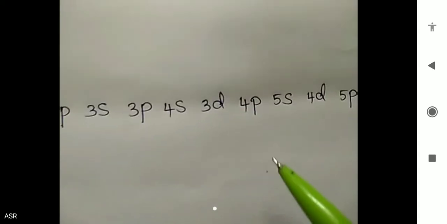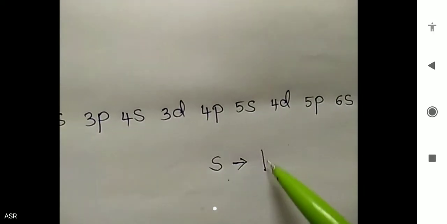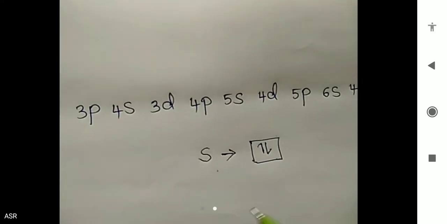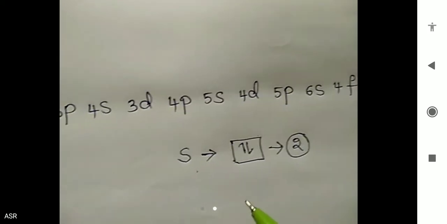Now, one basic thing you have to remember here, that is S. This is the S orbital. This can generally accommodate 2 electrons. How many electrons, children? 2 electrons it can accommodate. So 2 electrons we can add in the S orbital.